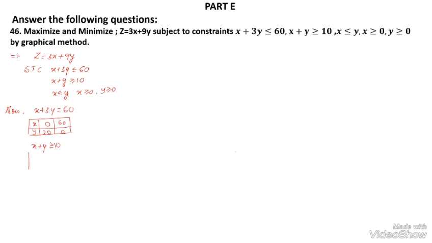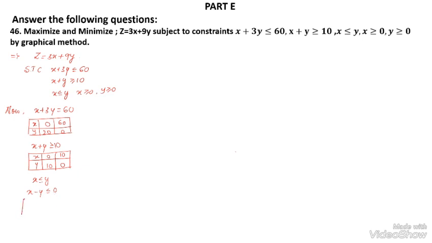Okay. Now, I can plot a graph for this. Taking x comma y, here I take x is 0, y becomes 10, y is 0, x becomes 10. Similarly, I consider the third equation, x is less than y. It means x minus y is less than or equal to 0.